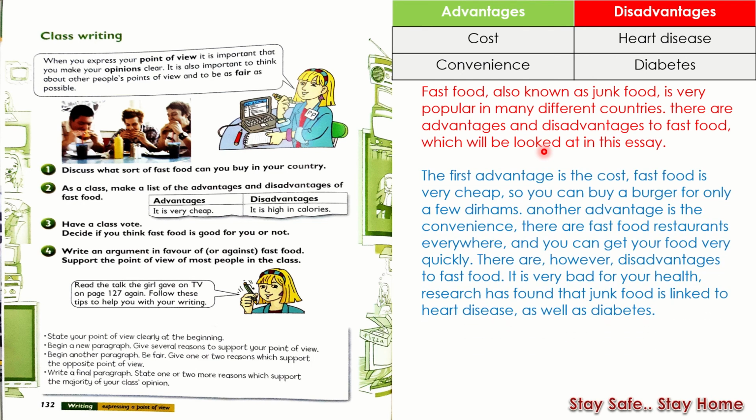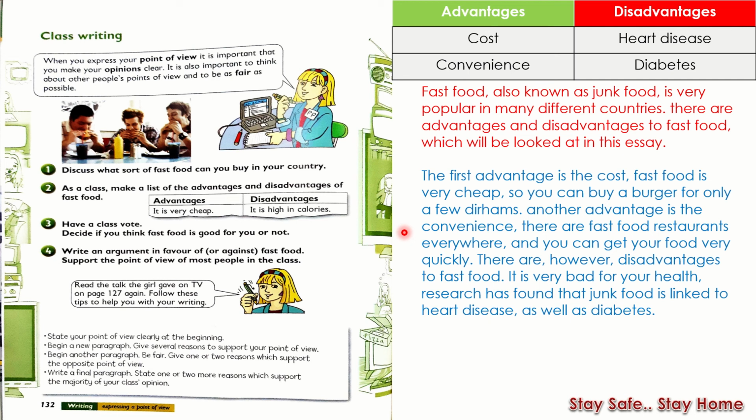Let's look at paragraph number two. Here, in paragraph number two, the body. So we have finished with the introduction, the red paragraph. Now the blue paragraph is the body of the essay. The body can be one paragraph or two paragraphs.